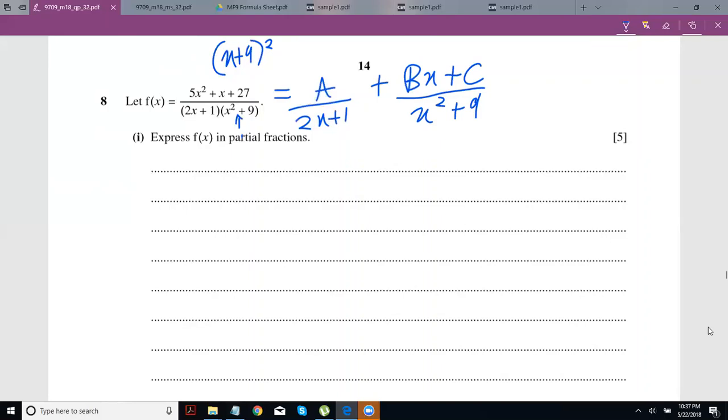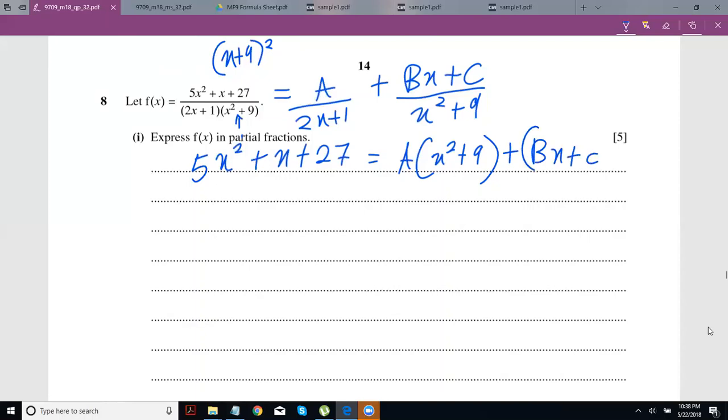So what you then do is take your LCM, and once you take your LCM, your denominators cancel out. I'm not going to go into the details of that. I'm just going to skip directly to what we need to show on the paper, which is this. Once you take your LCM, you get something of this form: A multiplies with x squared plus 9, plus Bx plus C multiplies with 2x plus 1.